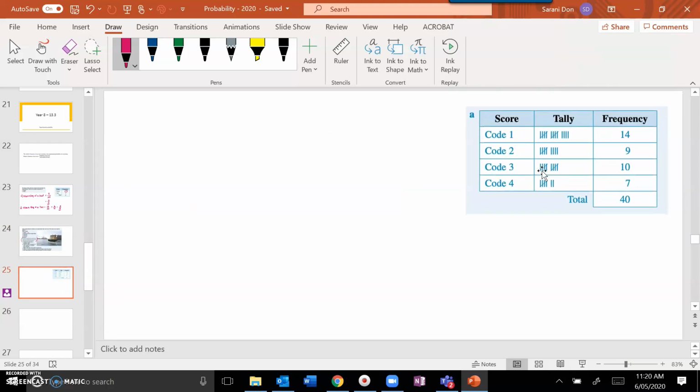Hopefully you have learned how to do a tally. Code 1 was Sydney. There were 14 people, so they just did a tally, and that is a frequency. Frequency means how many there were. Code 2 was elsewhere, 9, then 3, then 4. So in total, there were 40 people that were asked this question, and this was the data that they obtained. Let's have a look at part B.